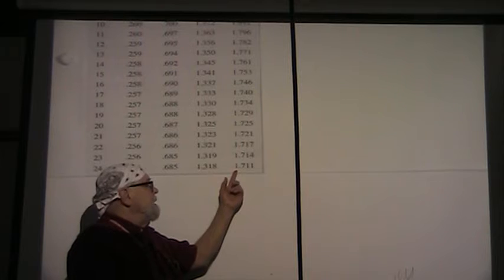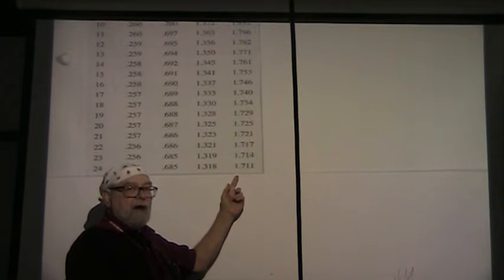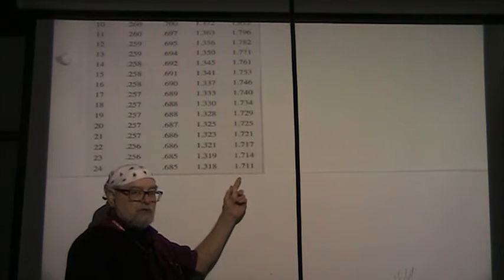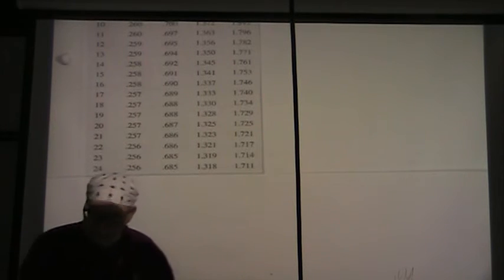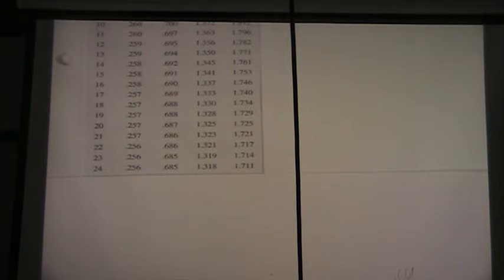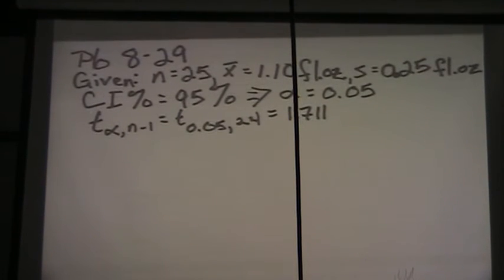Okay, and as you can see here in the corner, the T of 0.05 with 24 degrees of freedom is 1.711. Oops, too far down. All right, there we go.